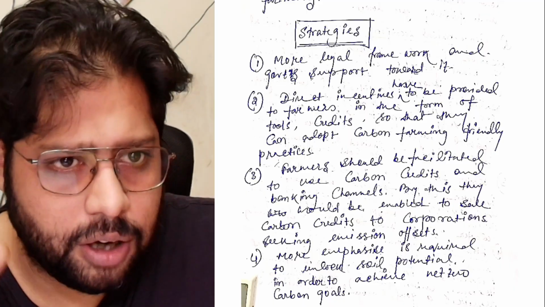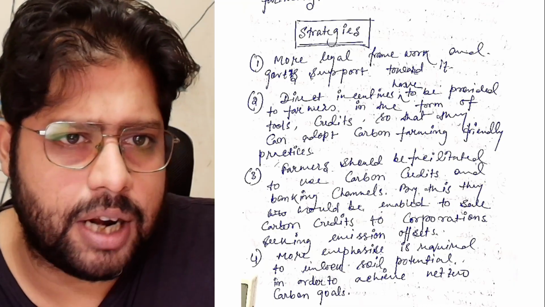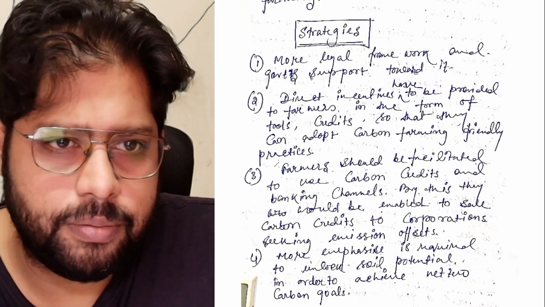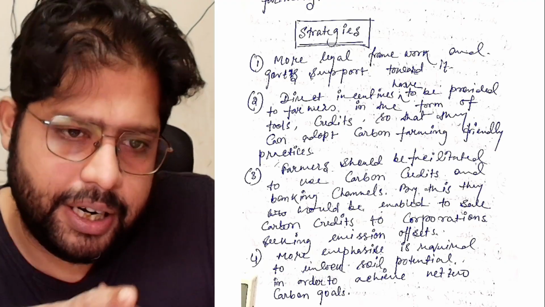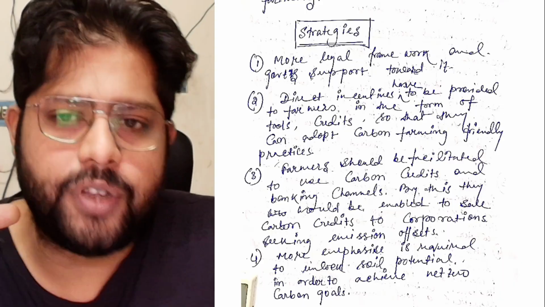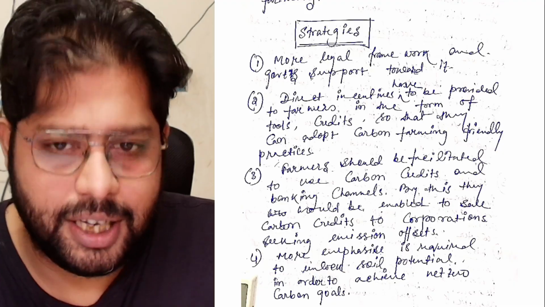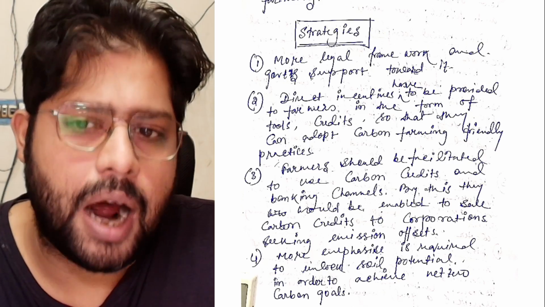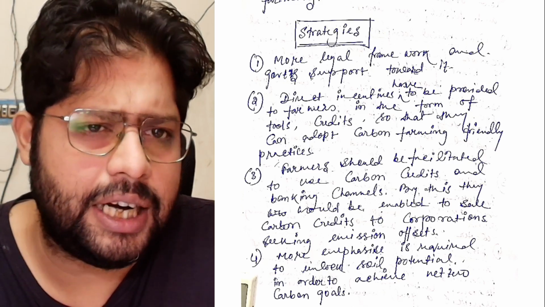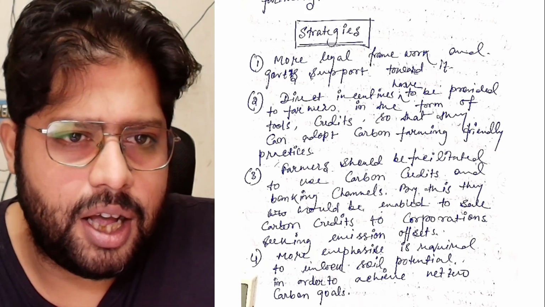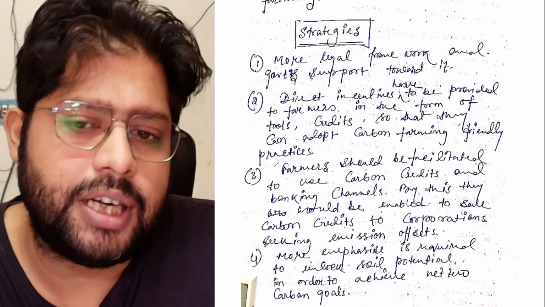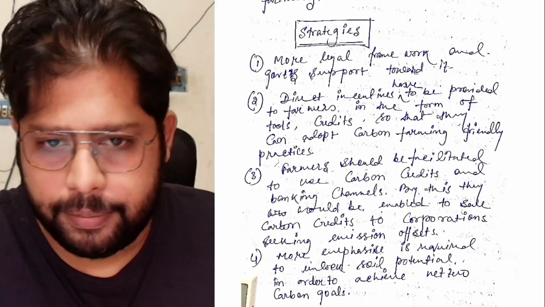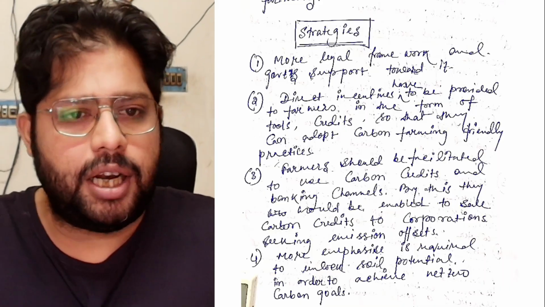So they need to be compensated, and our farmers are the best, I think, because their emission is zero but their absorption is the highest compared to any other industry. Therefore, you should allow them to be part of the carbon credit market, and it will give them a lot of economic benefits. It will also indirectly facilitate carbon farming. So we should do that.